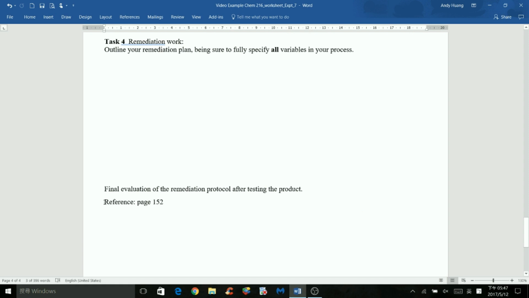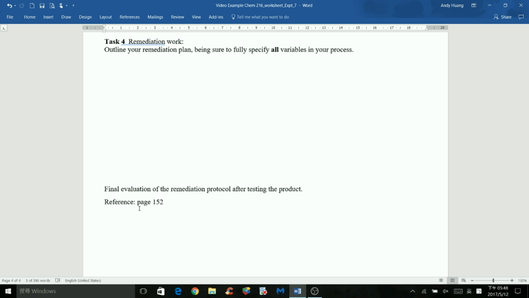So if you turn to page 152 of the lab manual, under step 1 of experimental procedure, you were told the goal for each ion. For fluoride, you want it to be less than or equal to 1 ppm, and for iron 2 plus / iron 3 plus, you want to reduce it to 0.3 ppm or less.